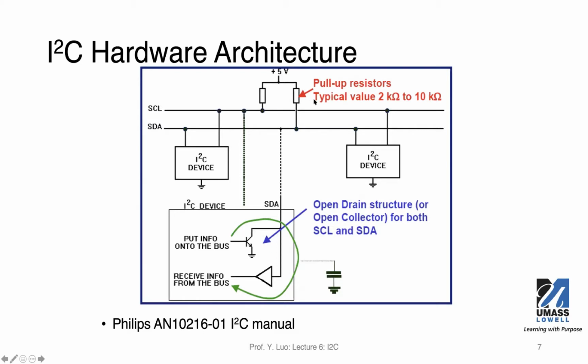On this bus, there are also pull-up resistors, typically 2K or 10K ohm. And there's VDD to supply the power to the system. Each of the I2C devices uses an open collector design so that it can effectively isolate itself from the bus if necessary. We'll look into this open collector design when we talk about the I/O pins. So this is essentially the same. On the input side, we can use other circuitry to receive information from the bus.